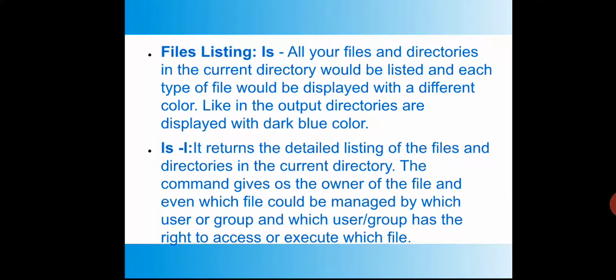Now why am I saying this? Because in Linux there are mainly three categories. The file may belong to a user, that is one thing. The next is that the file may belong to a particular group, and a file may belong to others. So there are three categories: one is user, another is group, and the third is other.